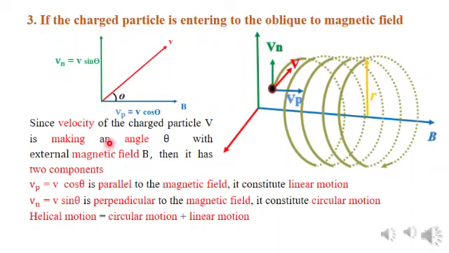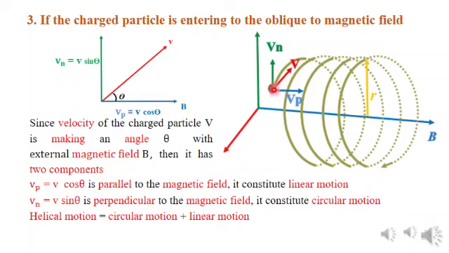Now, consider a charged particle projected at an angle theta to the uniform magnetic field. In this case, we need to resolve the velocity into two components. One component parallel to the magnetic field Vp and the other component perpendicular to the magnetic field Vn.